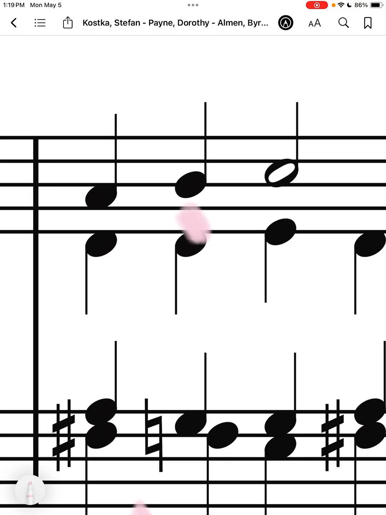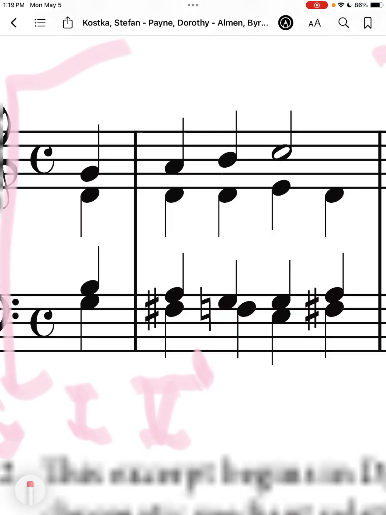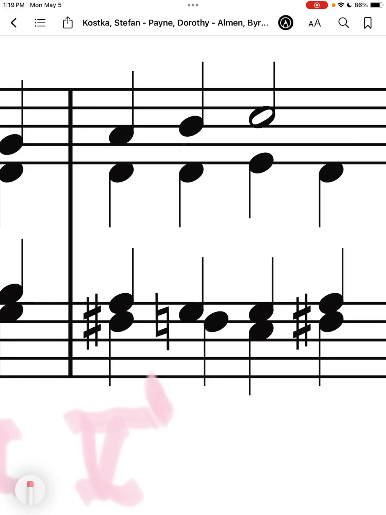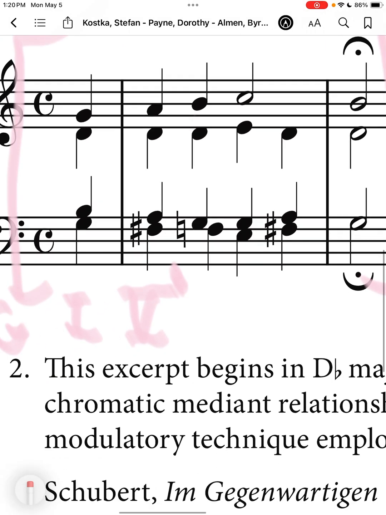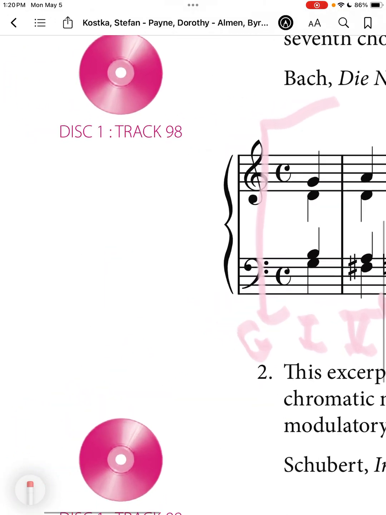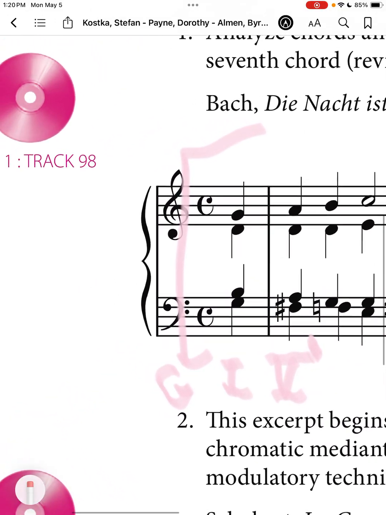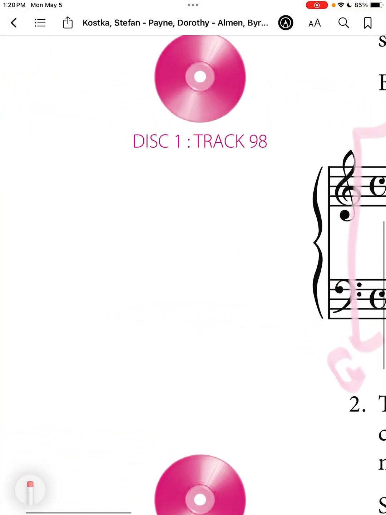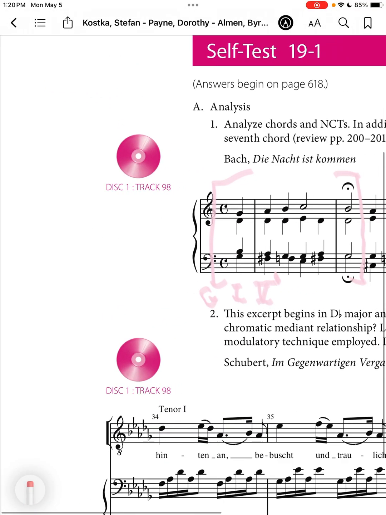Try to get them in root position. So D, B, D, F. Yeah, I agree with that F being in the situation. And I see how this is comparing it to something else. I'm going to write it on the side. This is really going to help me and try to figure this out.